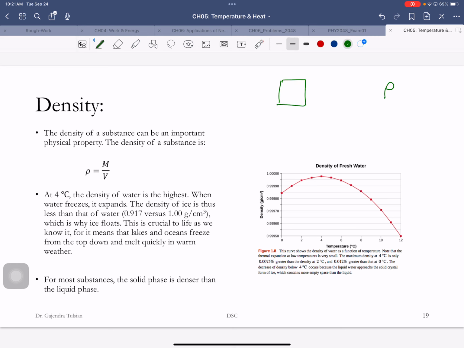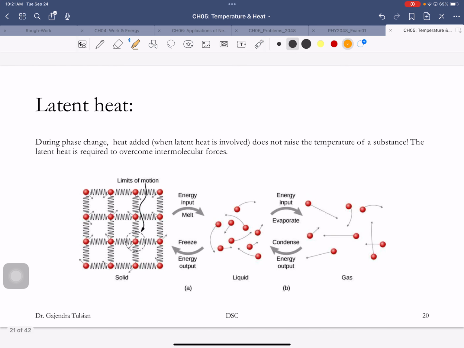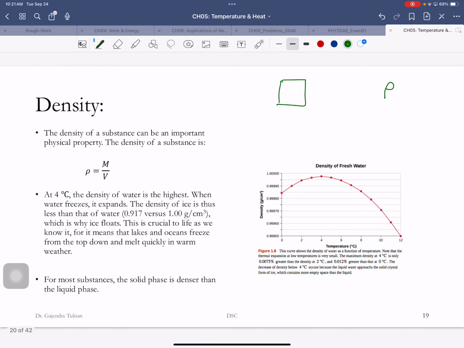The density of a material, denoted by the Greek letter rho, is the mass of an object divided by its volume. Now let's say I heat this material.